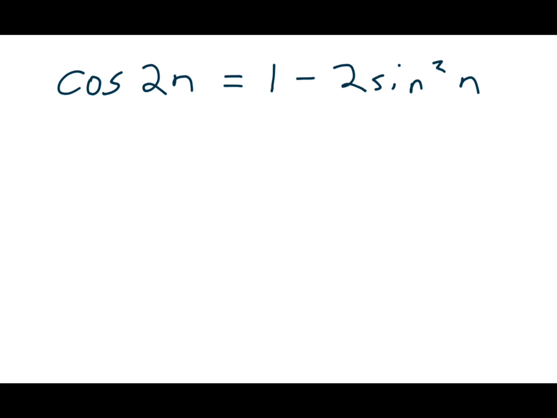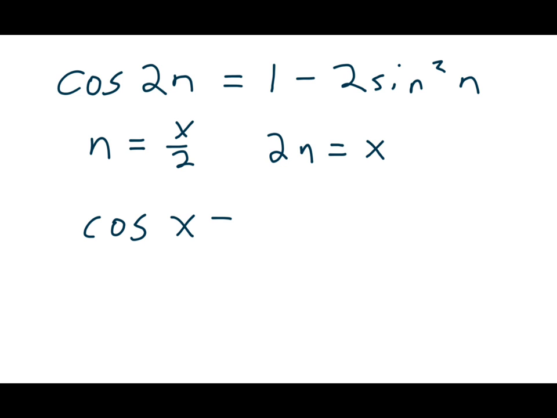Now, let's say that n is equal to some half angle. That means 2n is equal to just x. If I make that substitution, cosine of x is equal to 1 minus 2 times sine squared of x over 2.